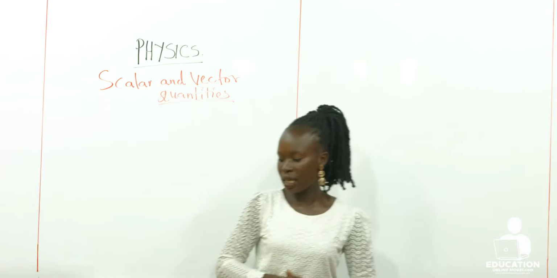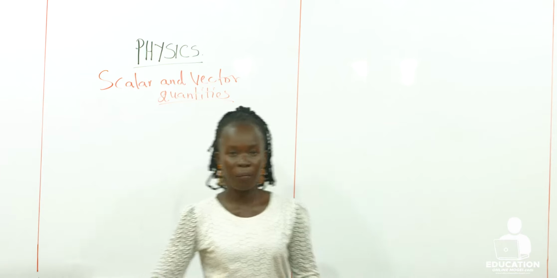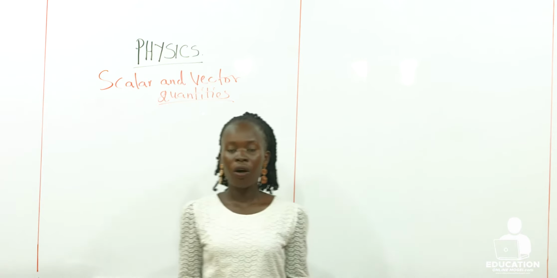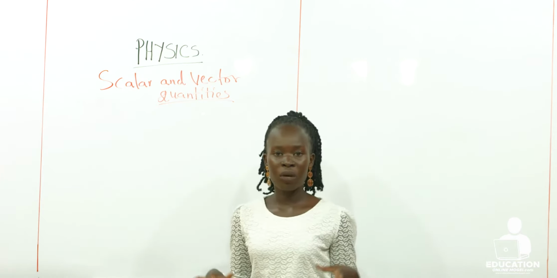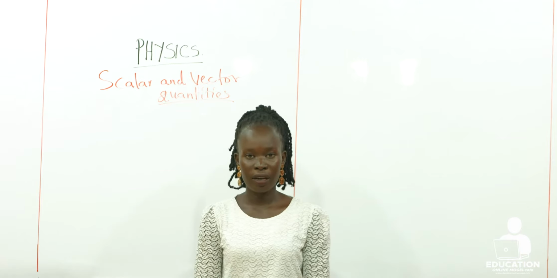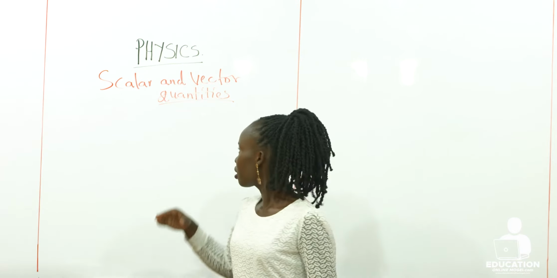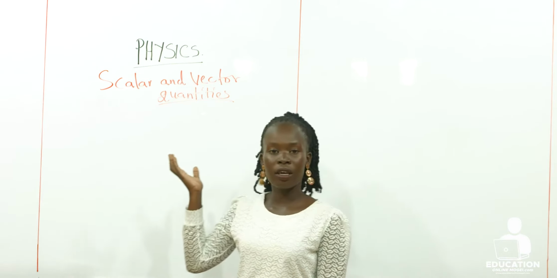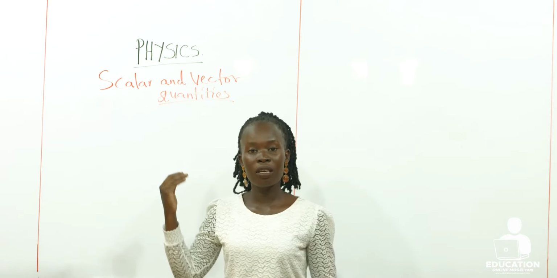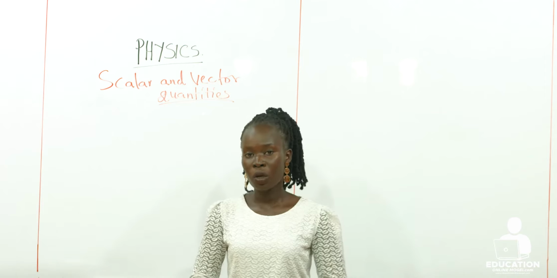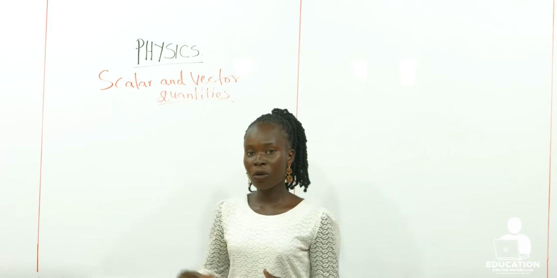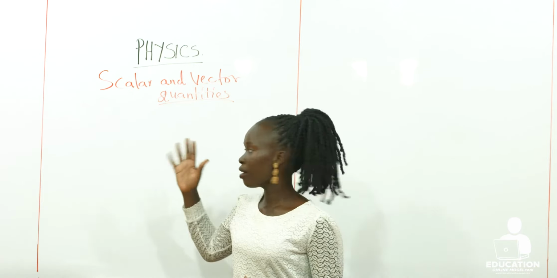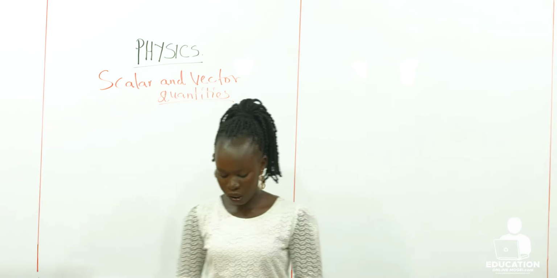You'll see that in physics or in science, all measurements have been categorized. It is either under scalar or vector quantities. So we have so many quantities, but we are going to specifically look at the scalar and vector quantities.